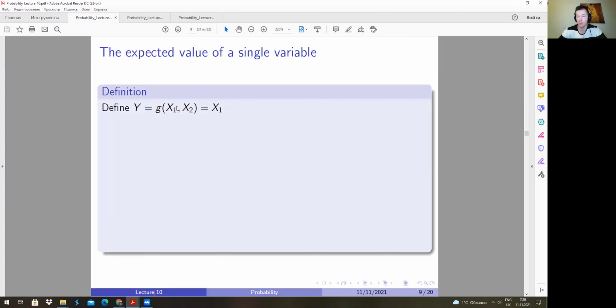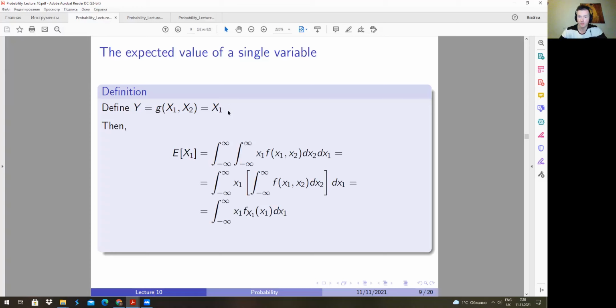For example, the function of x1 and x2 is just x1. So nothing can prevent us from this. Then the expectation of x1 is going to be, in general, the double integral of x1 multiplied by the density function.